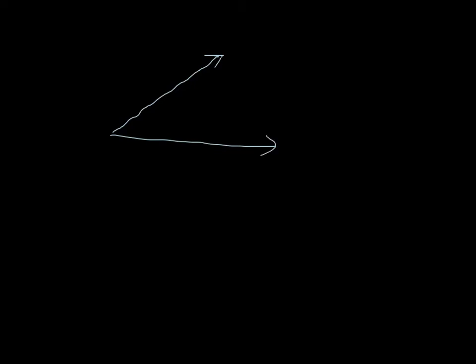We'll make a common endpoint here, we'll just call it B, and one of the rays is BA, and we'll make the other ray a C. That will be the ray BC. And so we have two rays that are not going in opposite directions, but they share this common endpoint.